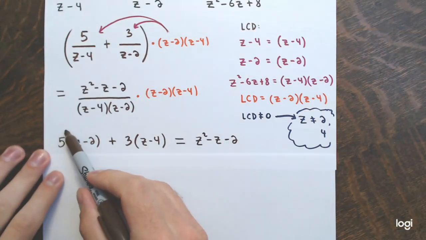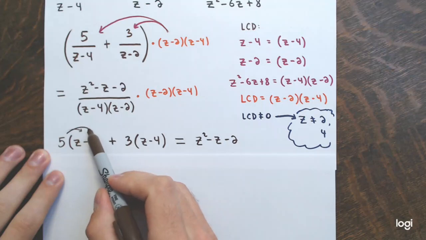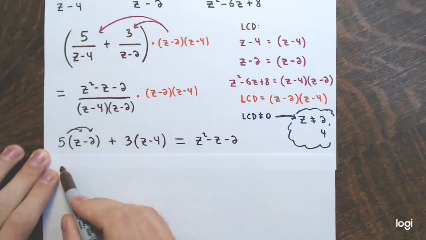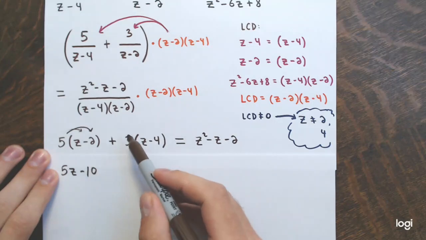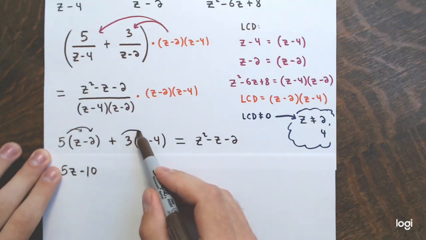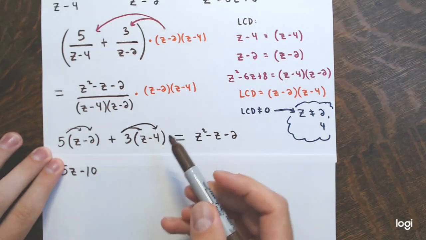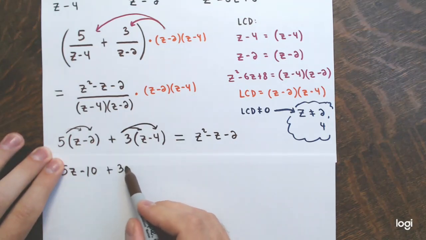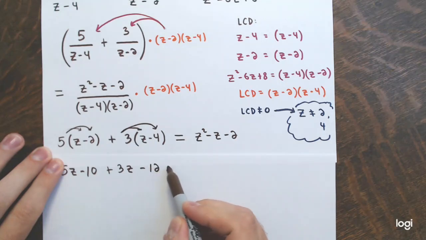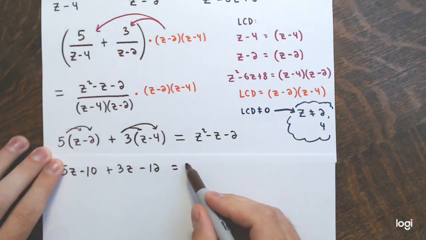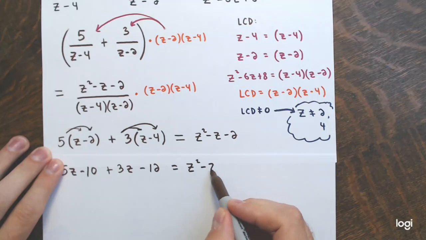I've got a 5 to distribute here to the z minus 2. So that's 5z minus 10. And then I've got a positive 3 to distribute here to the z minus 4. So that's plus 3z, and then minus 12, 3 times negative 4. The other side is still this z squared minus z minus 2.